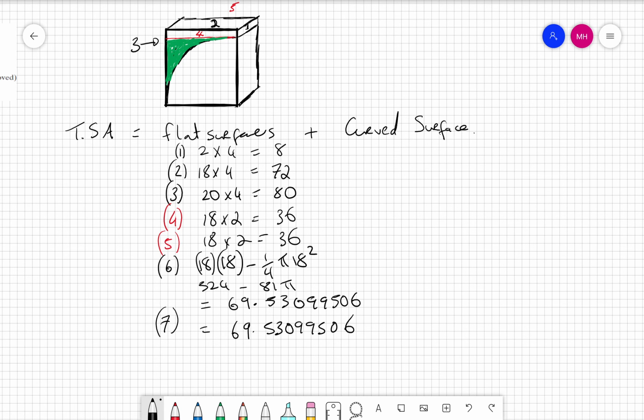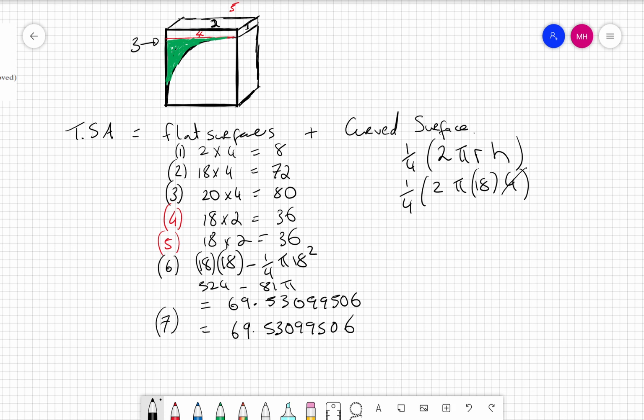So the curved surface area of a cylinder is 2 pi r h. We're dealing with a quarter of that though. So a quarter 2 pi, our radius is 18 and our height, the depth back, was 4.